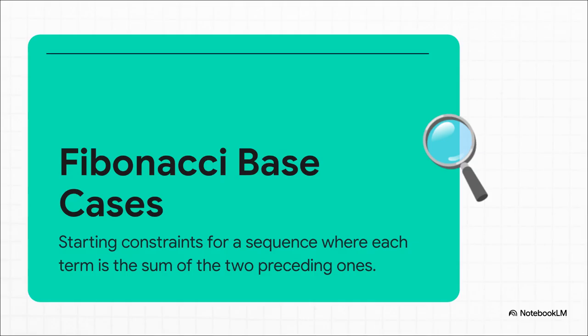But as we just learned, a recursive function needs starting rules, right? Your constraints here are super specific. If the requested index is strictly lower than 0, you return -1. If it's 0, return 0. If it's 1, return 1. Just code those base cases right at the top, and then your recursive call simply becomes returning the function of index -1 plus the function of index -2.